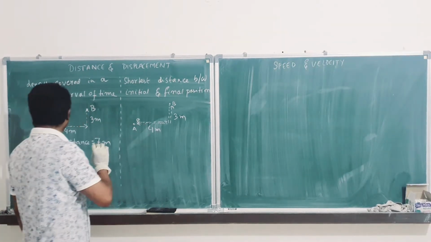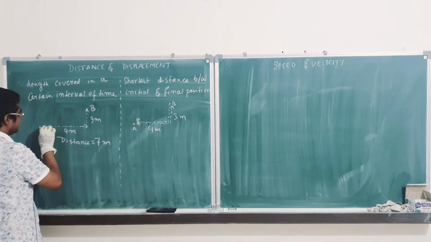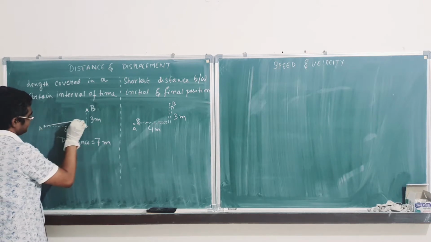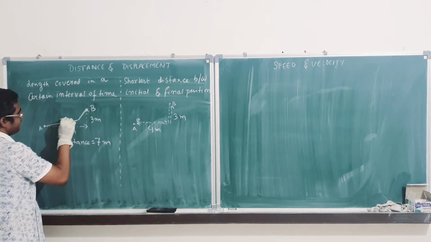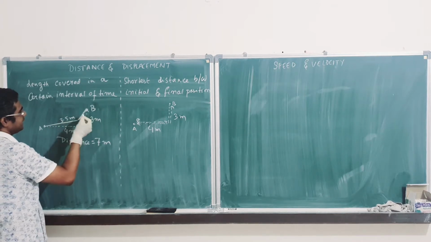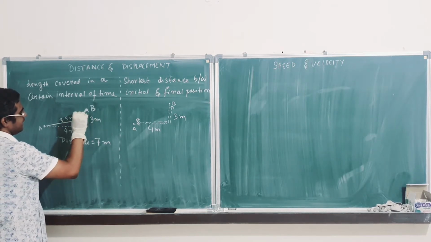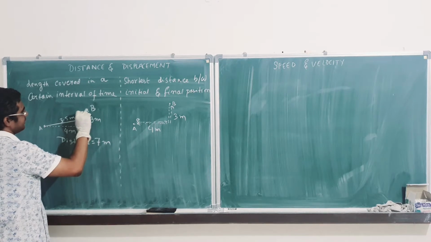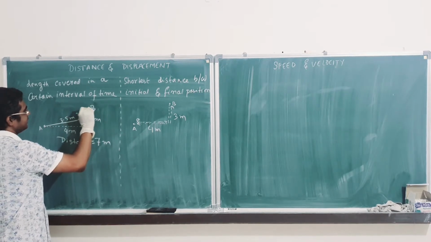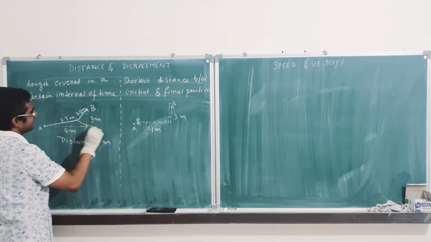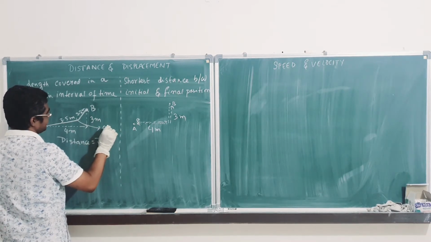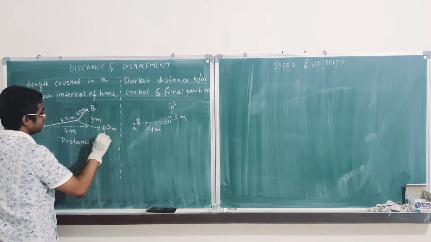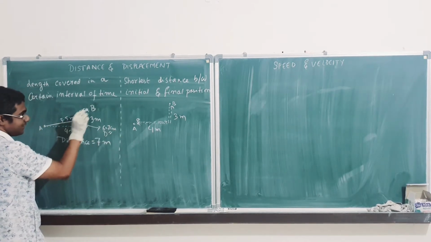So see, distance can be any way, you can walk like this also. ठीक है. So if this is say 3.5 meter and this was say another 3.2 meter, so this would have been then 6.7 meter. What? Distance. So distance was changing, right?